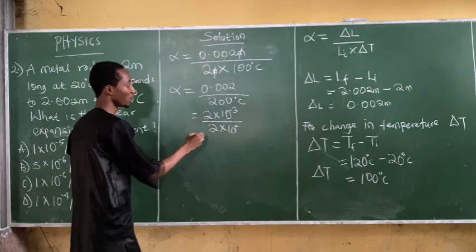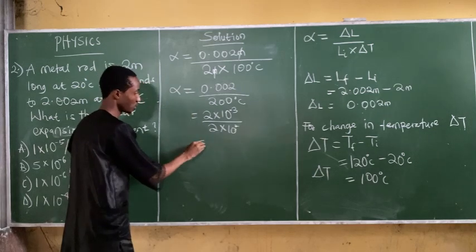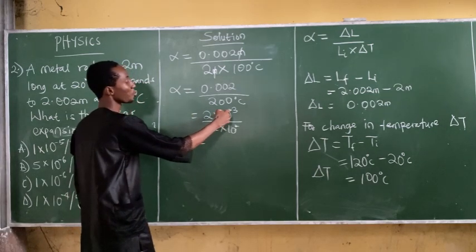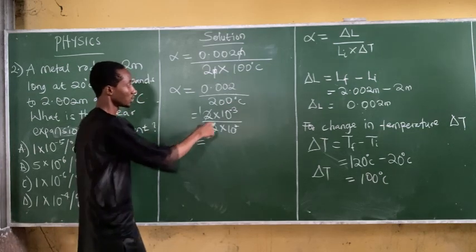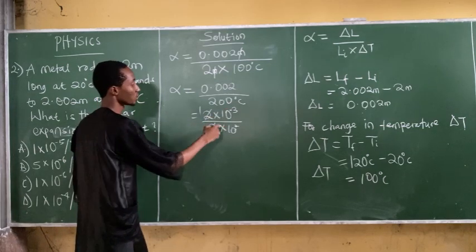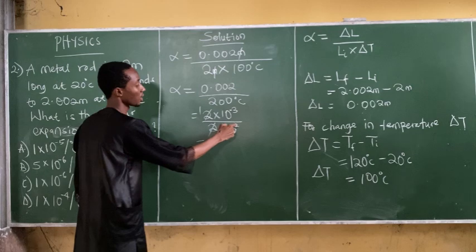This 2 divided by 2 gives 1, because this cancels out, right? We have 1 times 10 raised to the power minus 3 divided by 10 raised to the power 2.